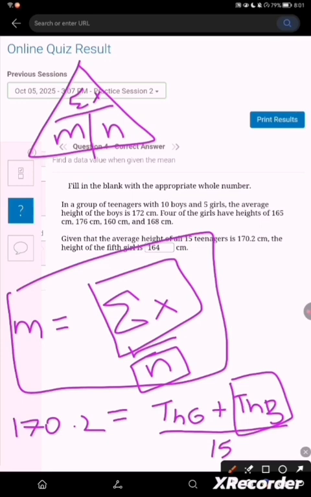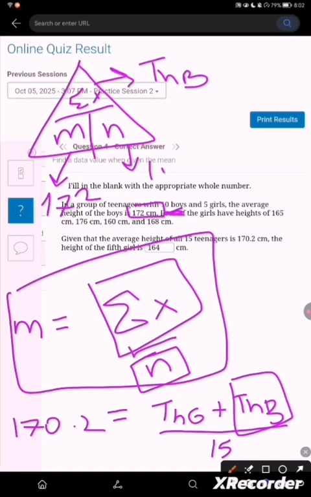If total height of boys is your summation of x, so this is total height of boys, then you can find it using the mean of the boys, which is 172 in this case. Here, 172. So mean would be 172. And the number of boys is given, it's 10. There are 10 boys, so this is 10.